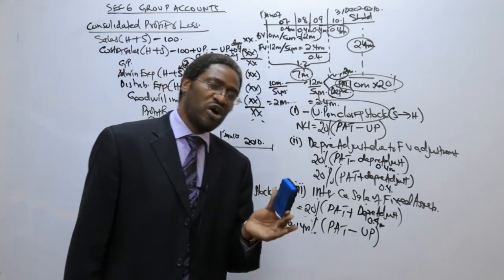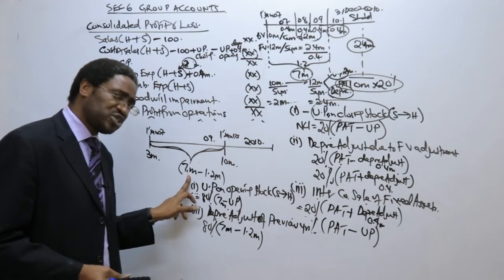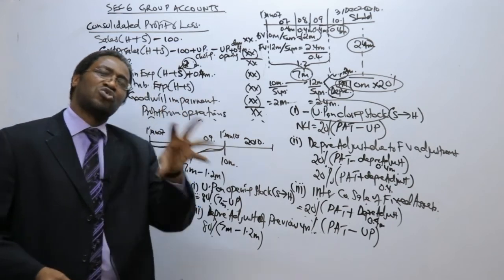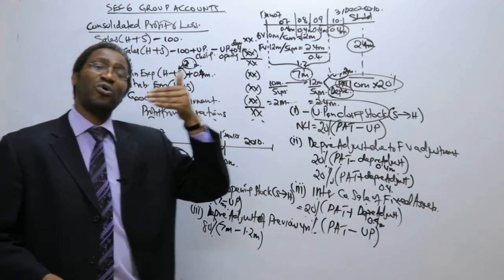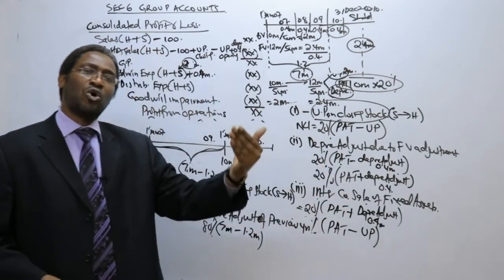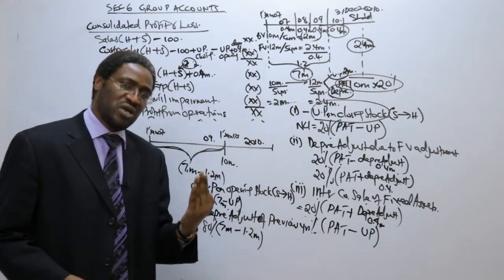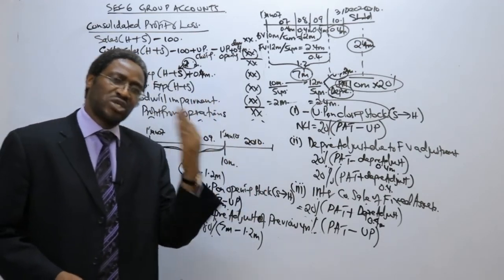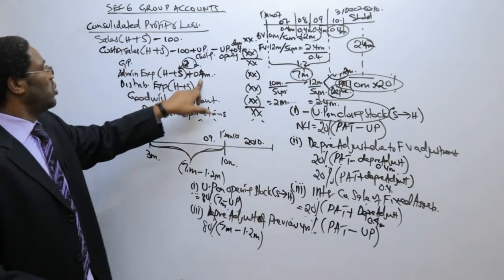I hope you have noticed that this 7 million I'm claiming as post brought down is wrong because of the previous years' depreciation adjustment. Previous years, not current year. For the current year, you corrected the admin or wherever you are told.